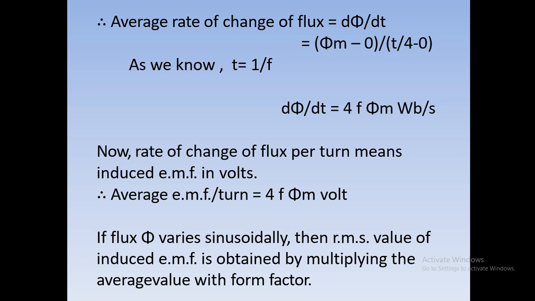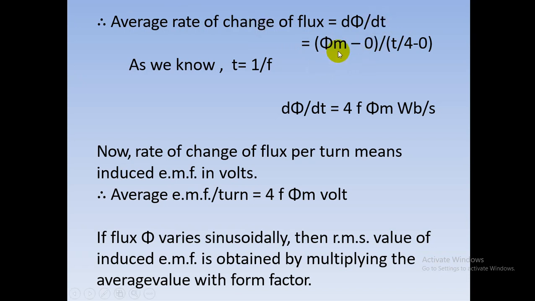That is, E is directly proportional to d phi by dt. That is what we have written here. The average rate of change of flux, d phi by dt, is equal to the induced EMF in the conductor.